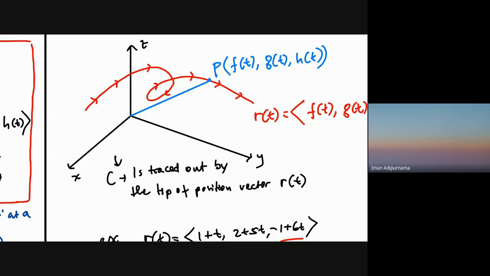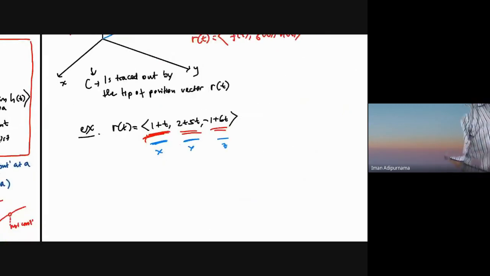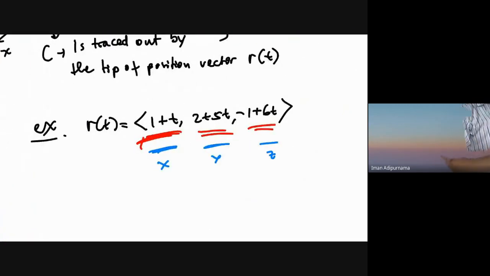So maybe here, at t equals maybe -1, or maybe t equals 0, t equals 1, t equals 2, it will be moving out, tracing this curve. So C is traced out by the tip of the position vector r. And this is an example.